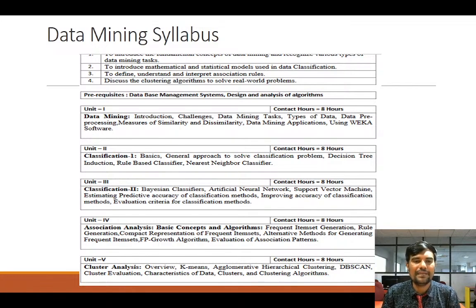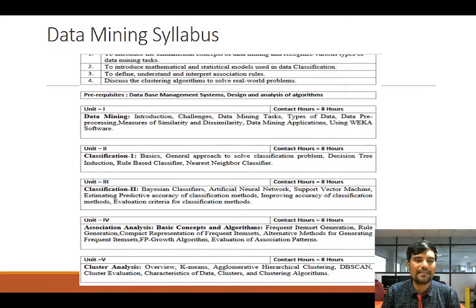And in the second unit we have the classification task. As I discussed, in classification we are categorizing the data into 2 or 3 categories, where we apply classification algorithms like the rule-based classifier or the nearest neighbor classifier. All these algorithms will be studied in classification 1, and in unit 3 some advanced classification algorithms will be studied, like the Bayesian classifier, artificial neural network, support vector machine, and the different accuracy parameters related to classification methods.